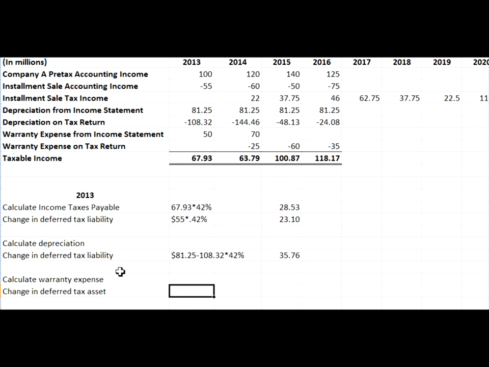So our change here is going to be here. So we have 50 million times the tax rate, which is going to be 50 times 0.42, and 21 million is our deferred tax asset.